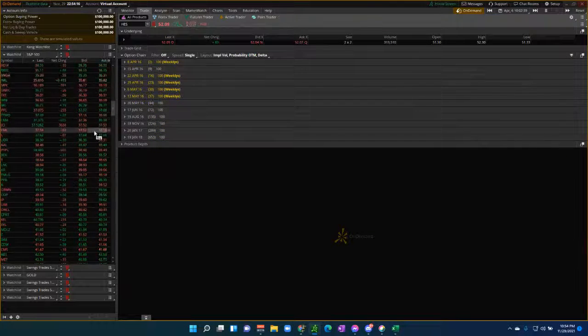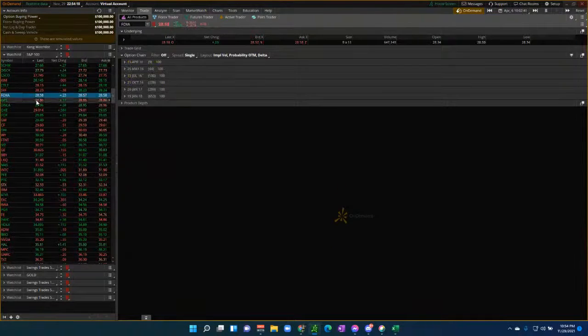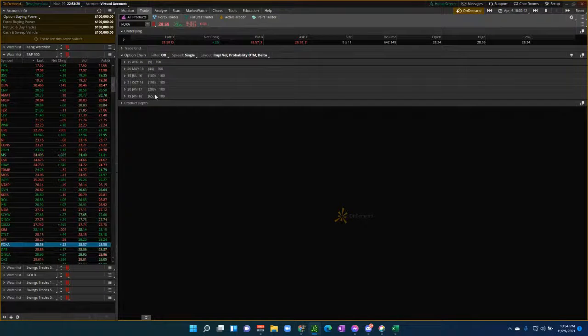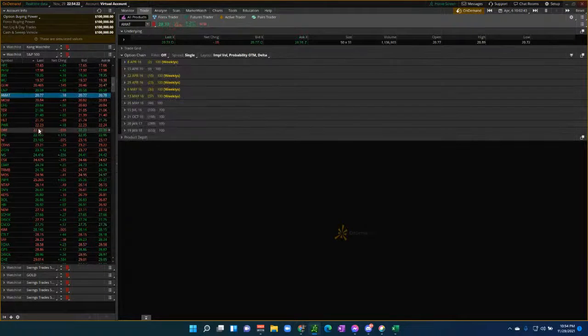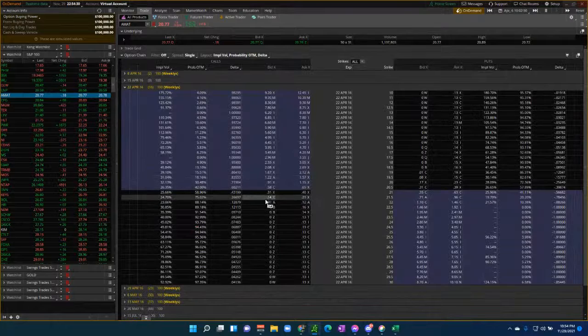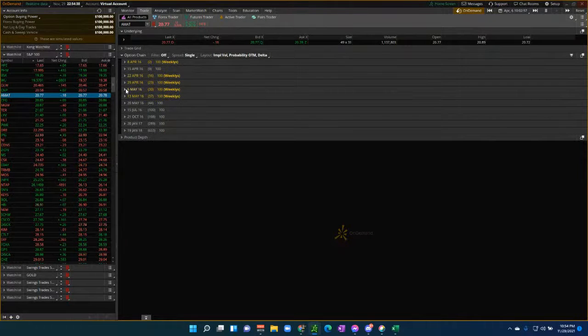If you have stocks that are under 20 or under 50, you're going to have monthlies, and very few of them will have weeklies like this. Sometimes I don't know if the spread would be that good, where there would be so little premium that you can't really hedge. And hedging is just one tool you can use with options.